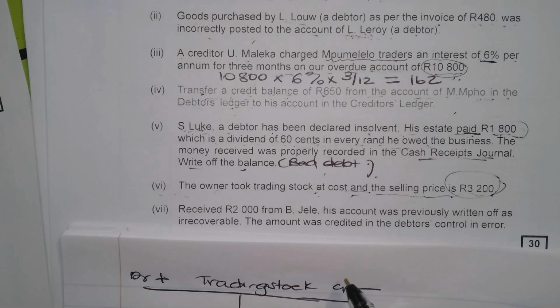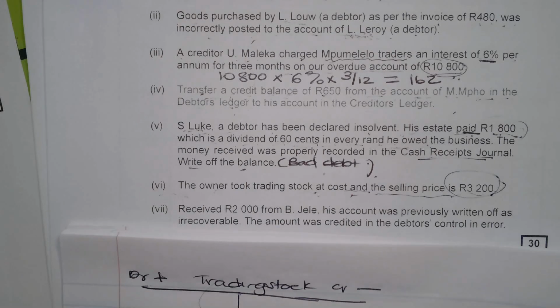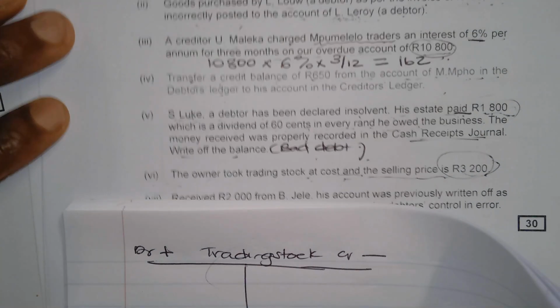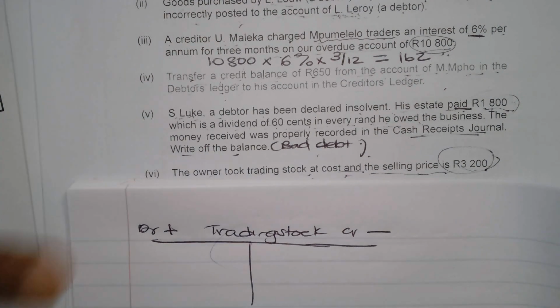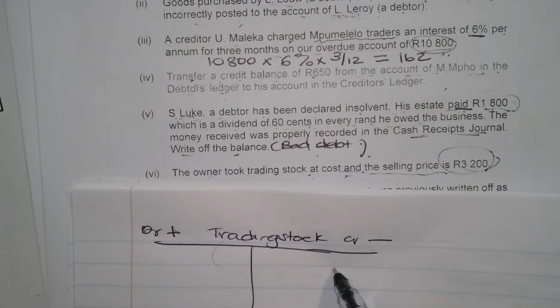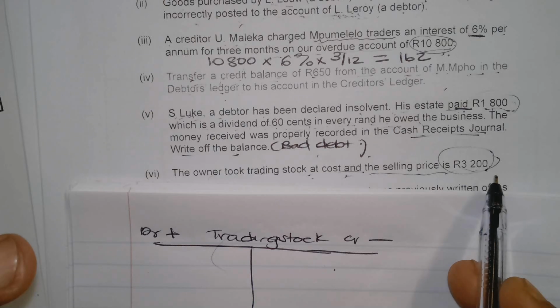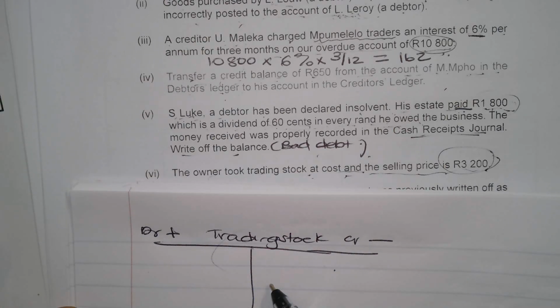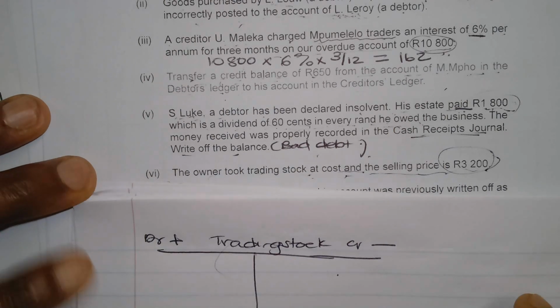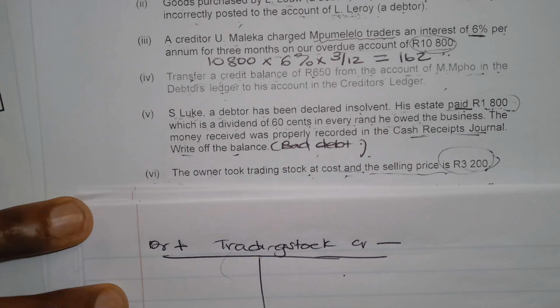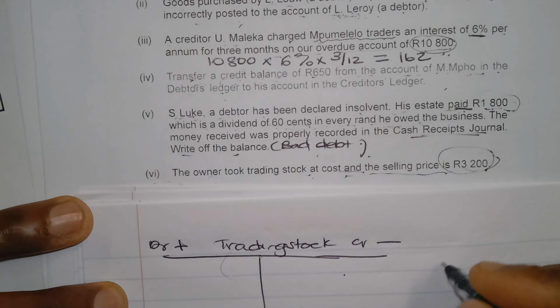But remember, I need to record the original price that I bought this stock for in my trading stock account here. The selling price talks about the money that was received. So I don't need to record that. I hope you guys understand that part. So I need to find the original price, and for me to find the original price, I need to know what is the cost price.